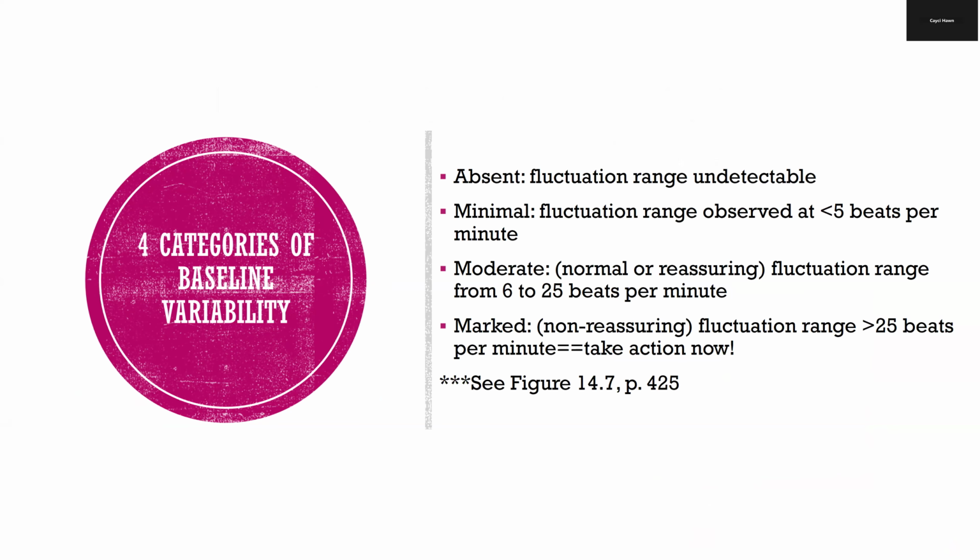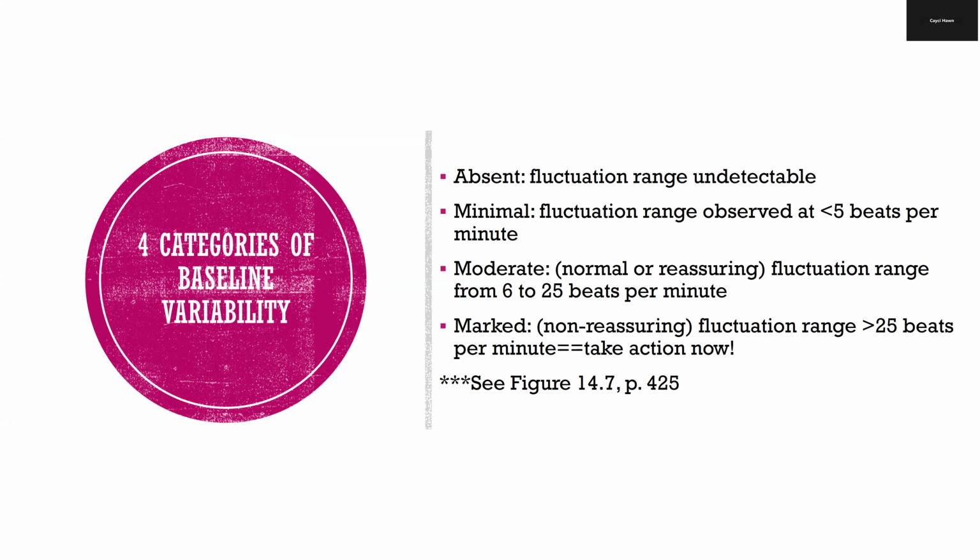So here's where I was talking earlier about the four categories of baseline variability: absent, minimal, moderate, and marked. And looking at page 425, figure 14.7 to look at those.